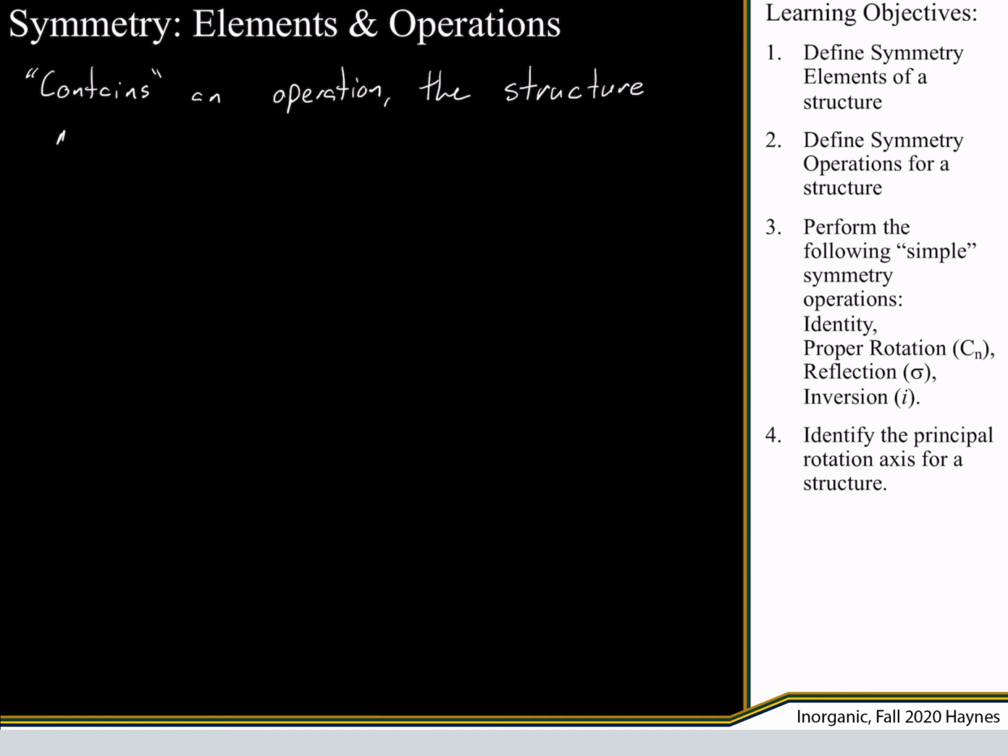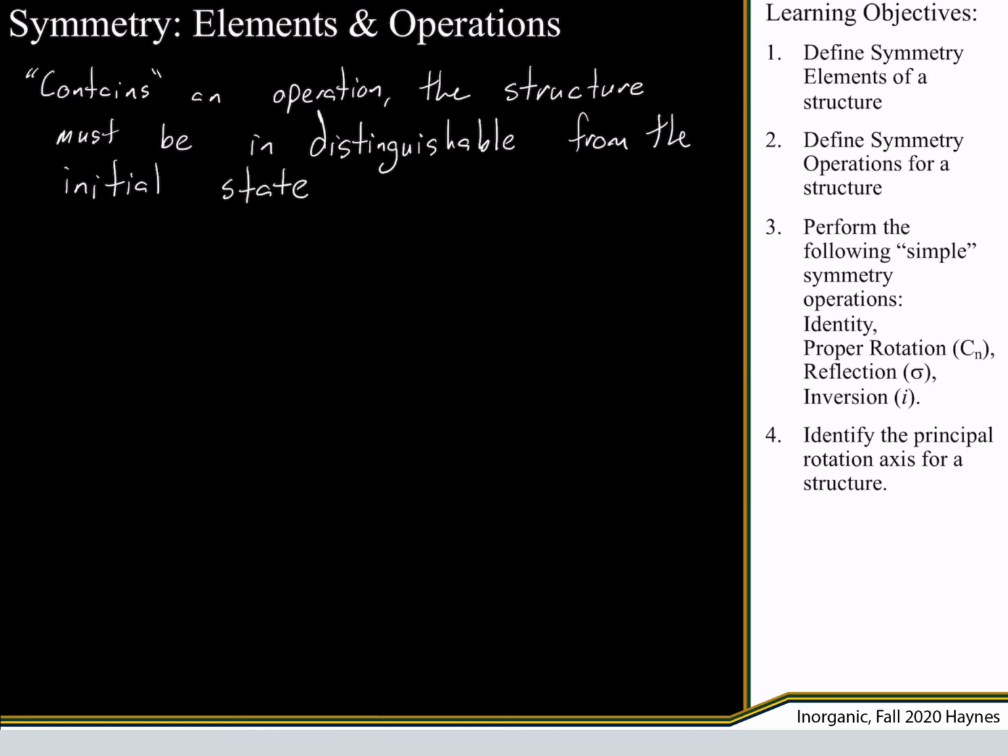The structure must be indistinguishable from the initial state. So what we're defining here, right, is these motions or actions that we can perform on a molecule that leaves a structure that is indistinguishable from its initial state.